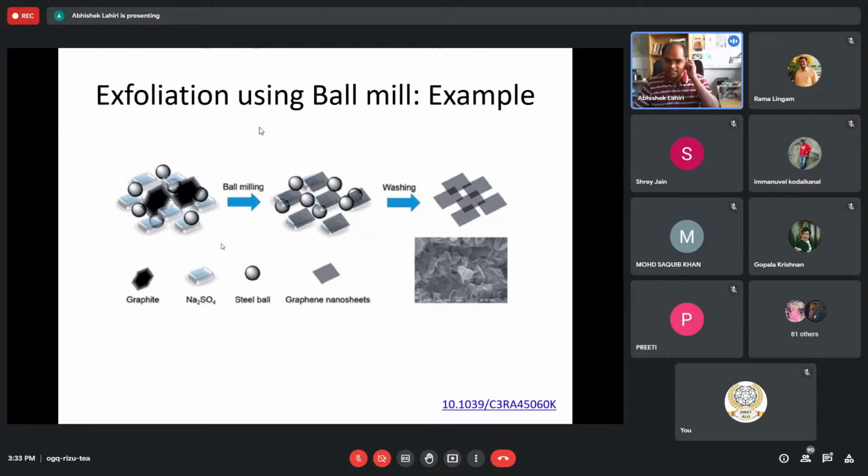So this is an example of how ball milling can be used, or adding different solvents or substances during ball milling to induce exfoliation of two-dimensional structures.